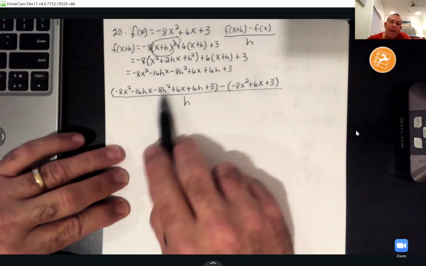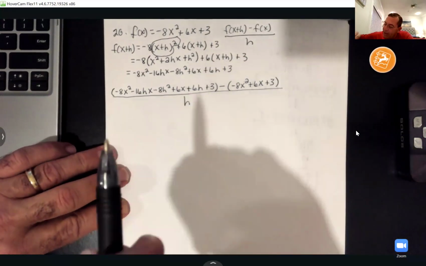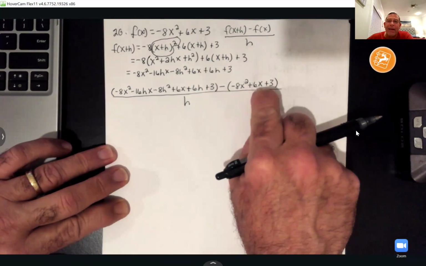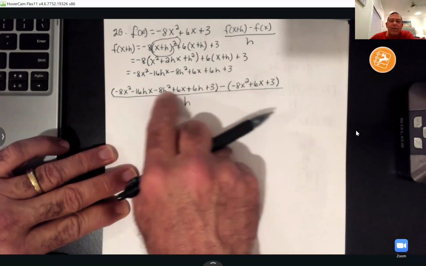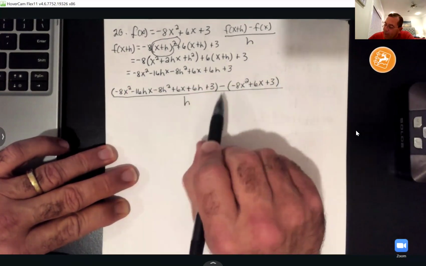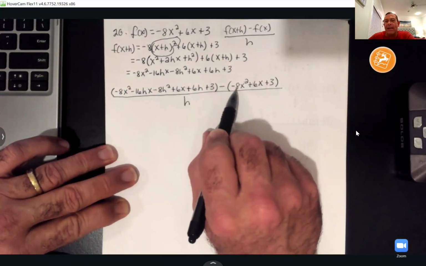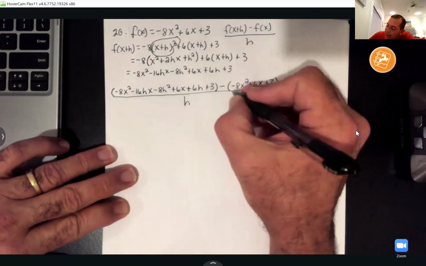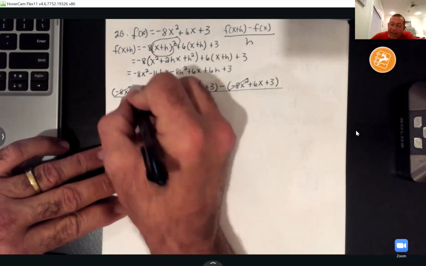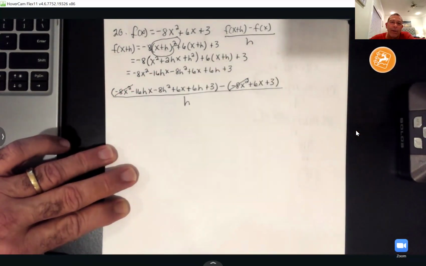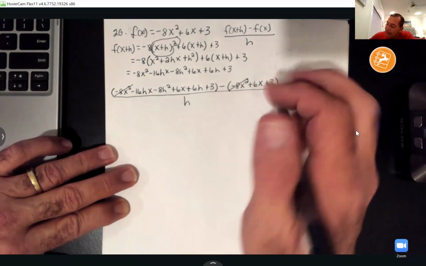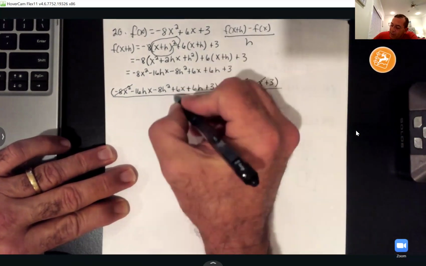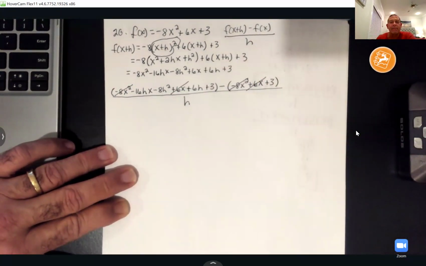Now, I'm going to save you time from having to write this all again, because we know that these three things are going to cancel with the same three things on the left side. Because remember, that negative is making that a negative times negative is 8x squared. The 8x squared is going to cancel with the negative 8x squared. This 6x is really a negative 6x. Well, that's going to cancel with this positive 6x.